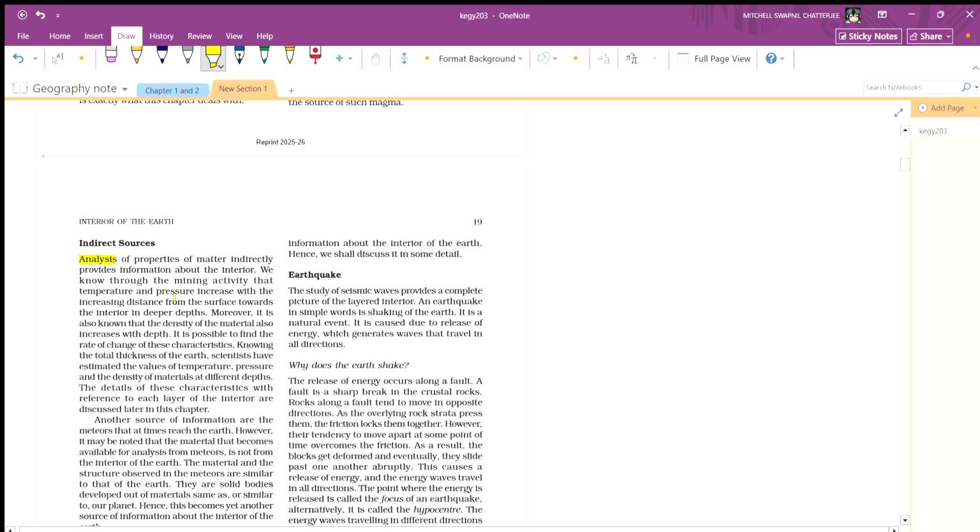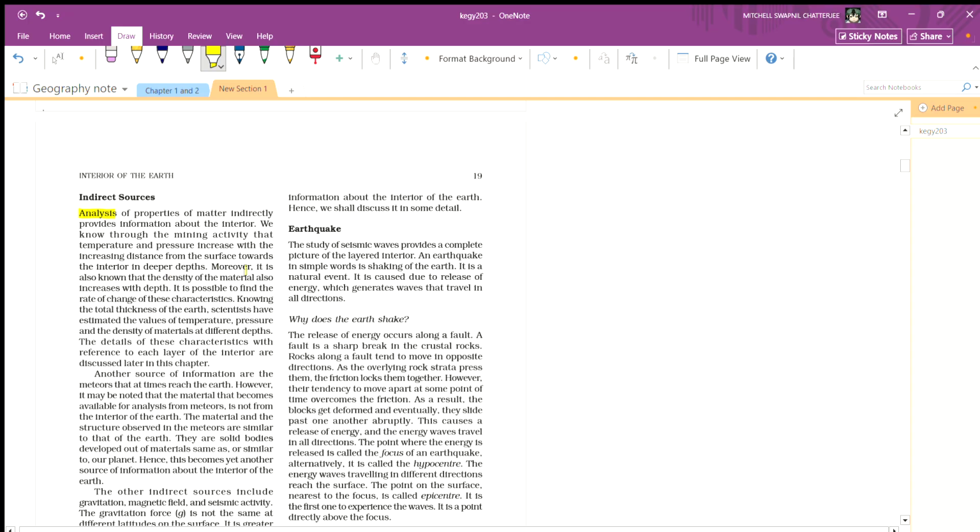Like, as we go deeper in the Earth, the temperature increases. Moreover, it is also known that the density of the material also increases with depth, as we learned from the last chapter.